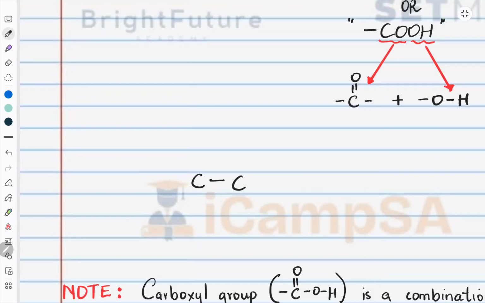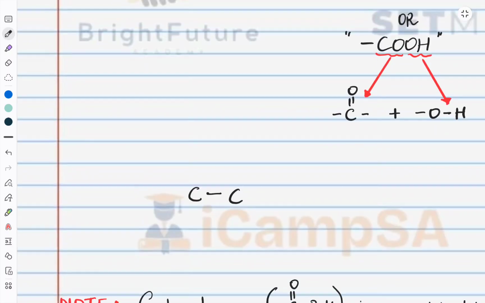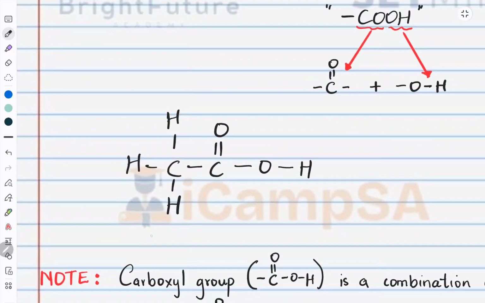So what we mean by the functional group never really changing position is that it will always be located on the last carbon atom like this. Then the other carbon atoms will have your hydrogen atoms to bond to. So this would be ethanoic acid.